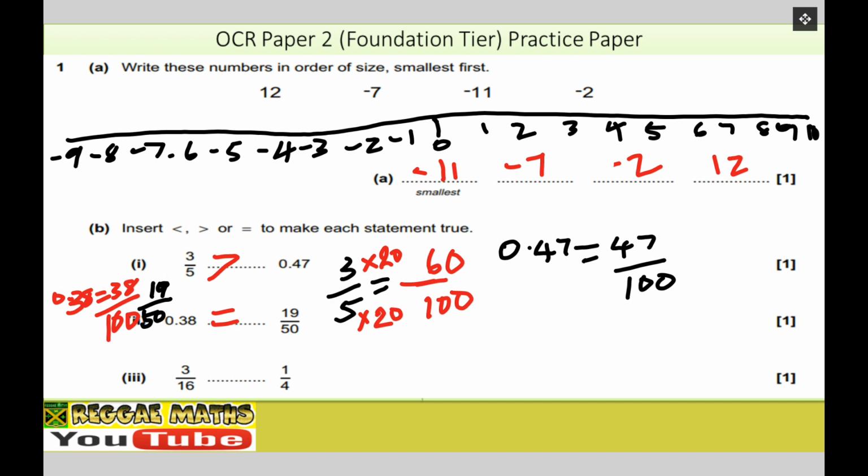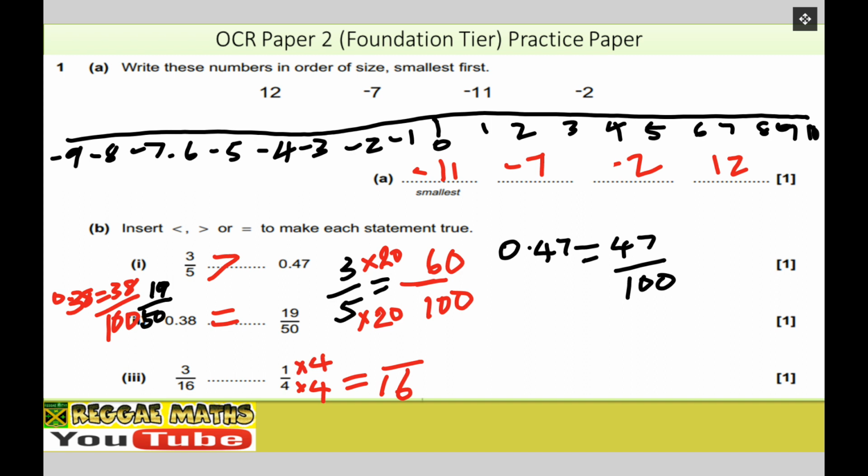I'm looking at 3/16 and 1/4. We need to make them equivalent. I'm showing you different ways of converting this. I'm going to times 4 by 4, which gives me 16, so both my denominators are the same. The same thing I do to the bottom, I do to the top.